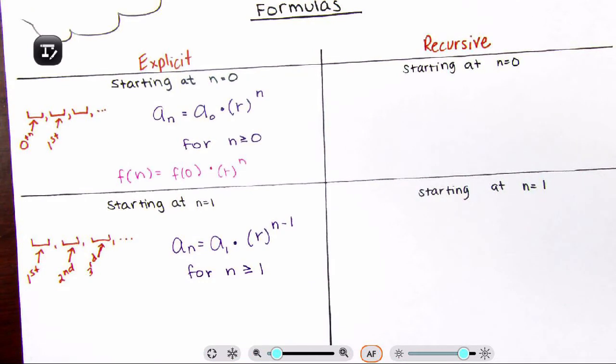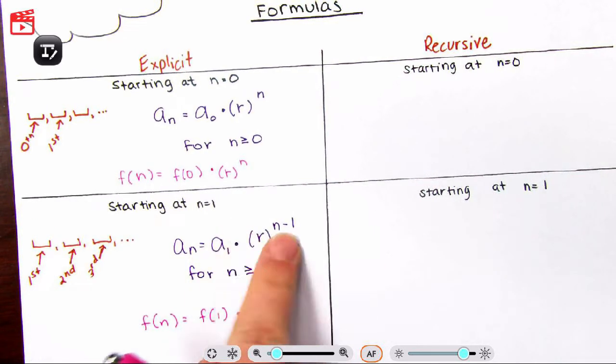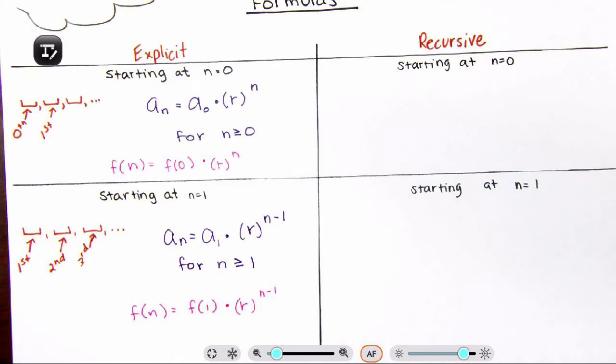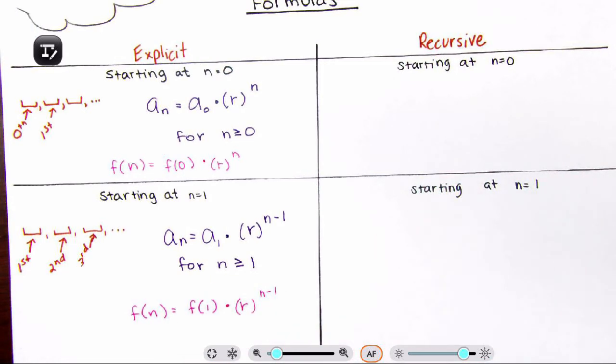And let me give you the other formula. F of n is equal to f of 1 times r to the n minus 1 power. It doesn't matter which one you use, however, we will be using this a sub n more often than f of. All right, let's go ahead and do our recursive rules.